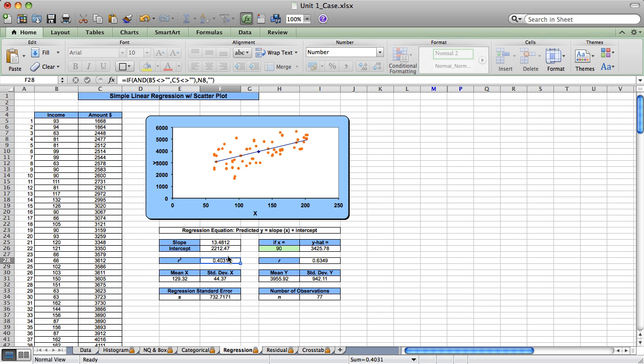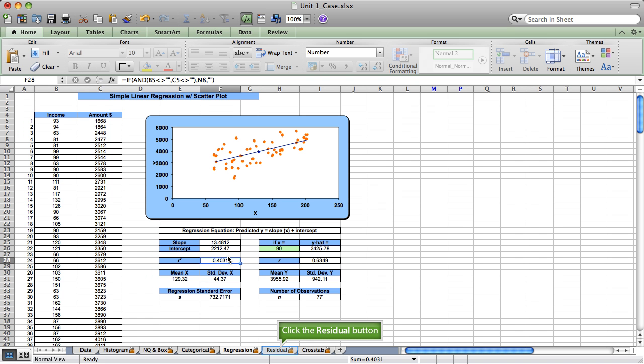Here, R squared is 0.4031. So I could say that 40.3% of the change in amount charged can be explained by a cardholder's income.